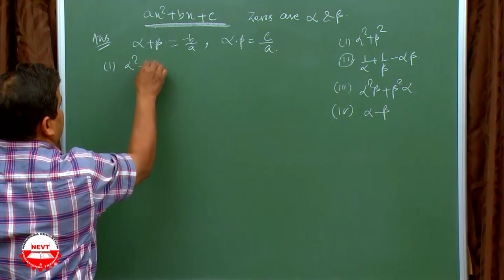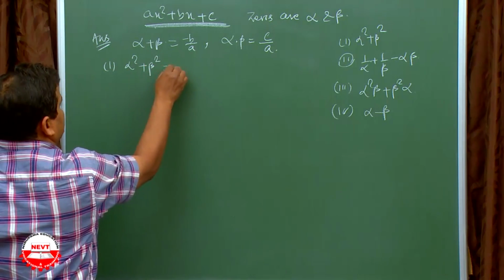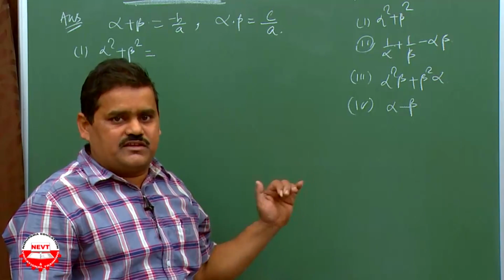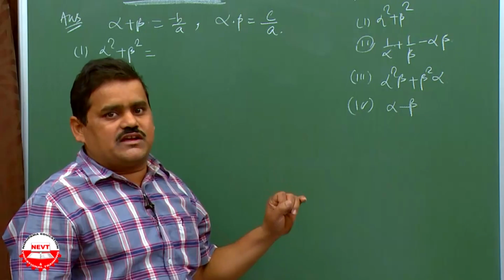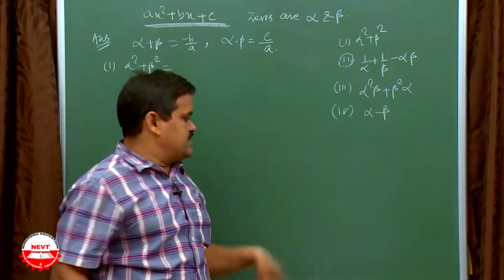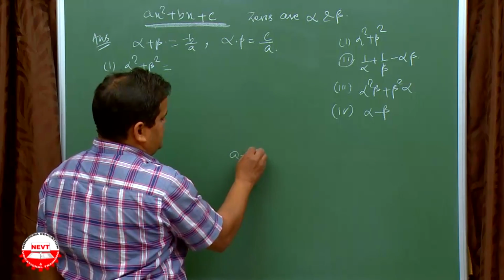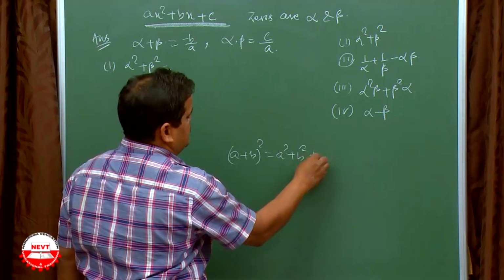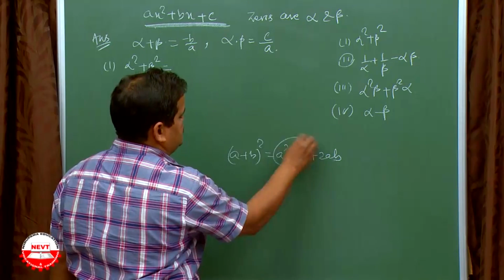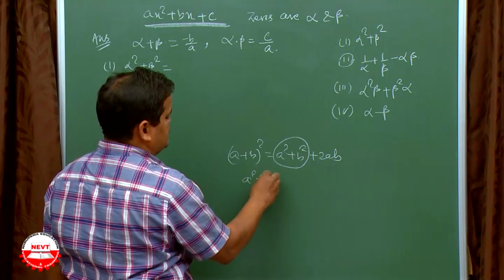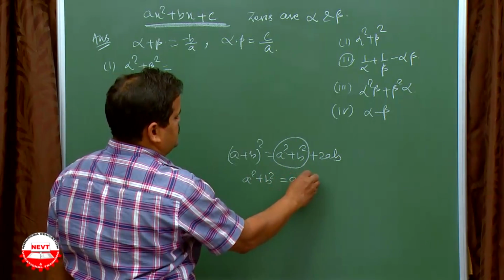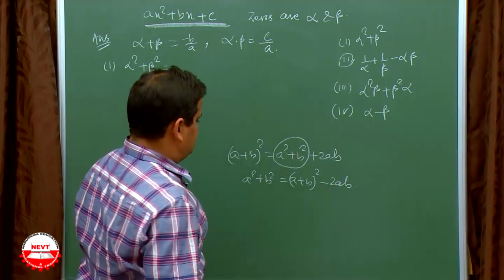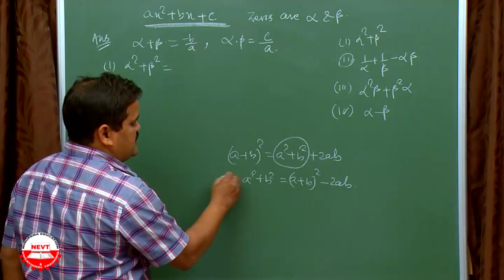Alpha square plus beta square is equal to, you know that a plus b whole square is equal to a square plus b square plus 2ab. So what is a square plus b square? That is a plus b whole square minus 2ab. It's okay? This is one formula you have to remember.